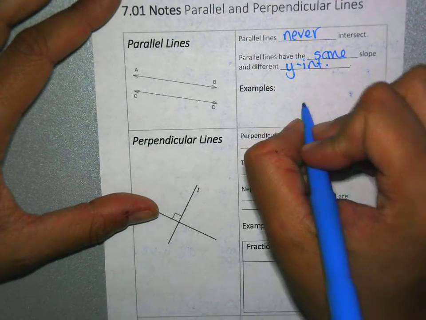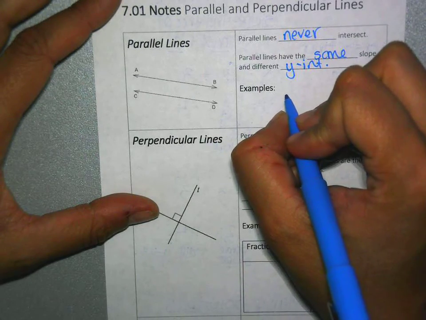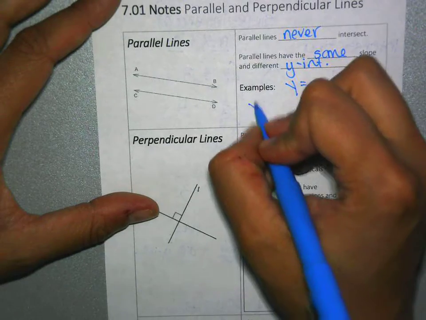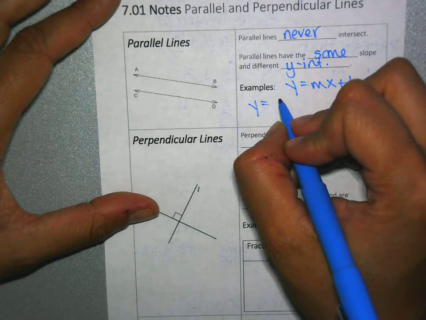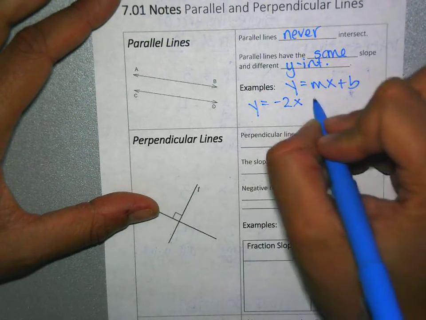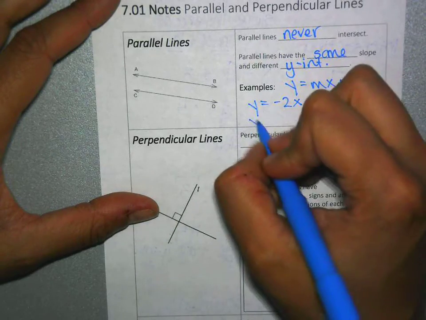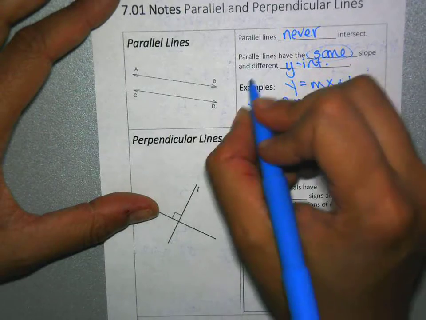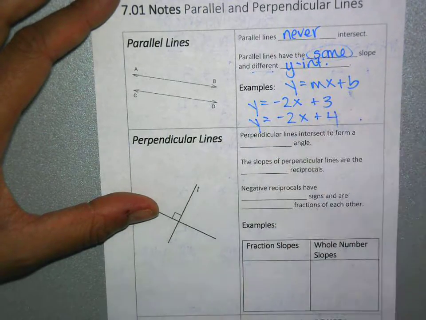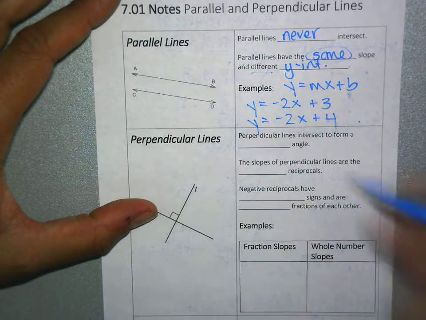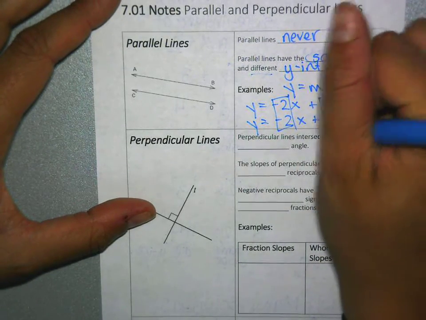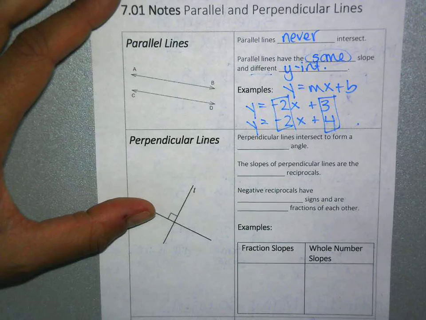If we were going to put the two equations in slope-intercept form, we could say y equals, let's say, negative 2x plus 3, and y equals, now same slope, so negative 2x, different y-intercept, plus 4. So I know these are parallel because they have the same slope with a different y-intercept.